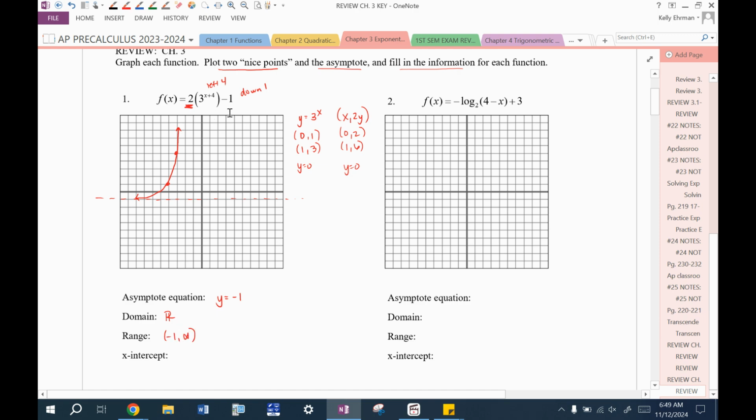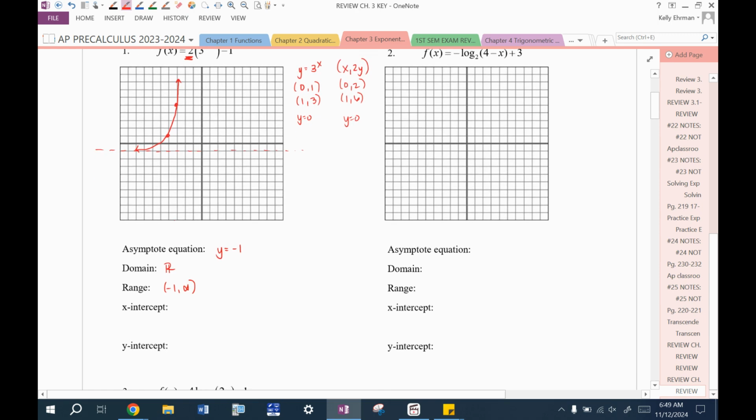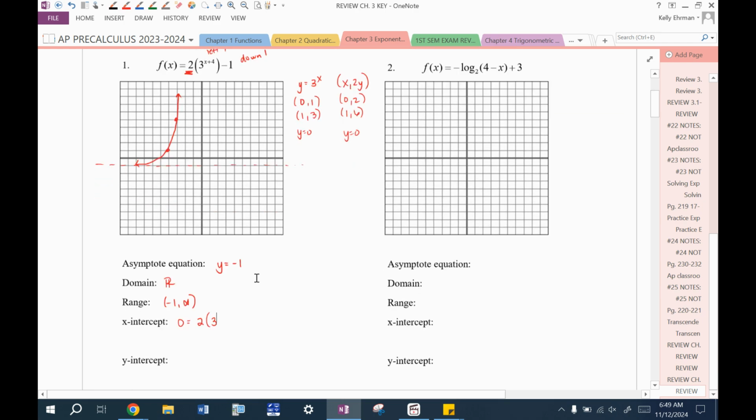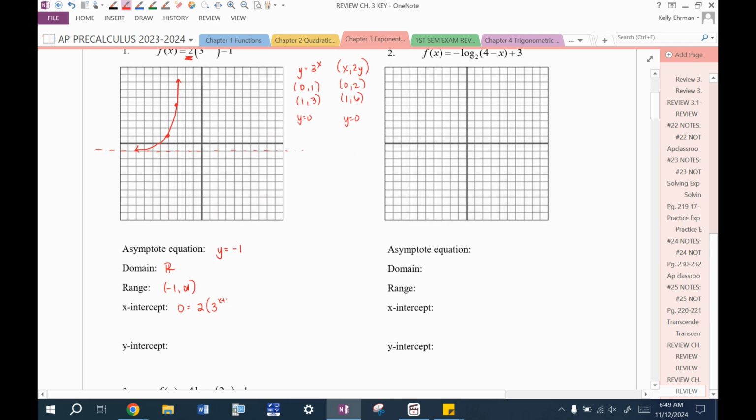And the x-intercept, maybe if I had plotted negative 1, this might be a nice point, but remember, we can solve this algebraically. We can set this equal to 0. So 2 times 3 to the x plus 4 minus 1.